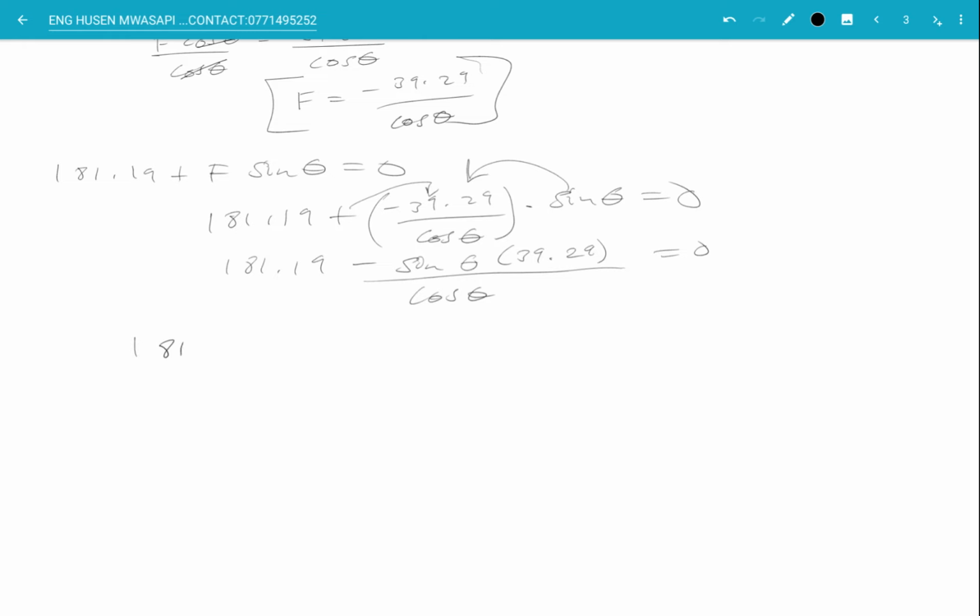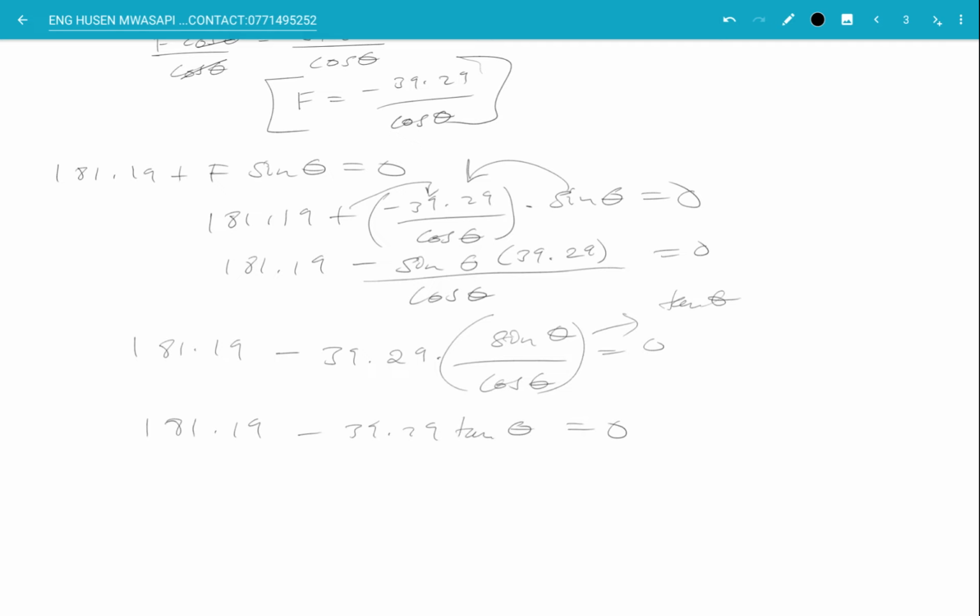Mathematically, this can be written as 181.19 minus 39.29 times sin theta over cos theta equals 0. Now sin theta over cos theta is tan theta. So you can write this as 181.19 minus 39.29 tan theta is equal to 0.